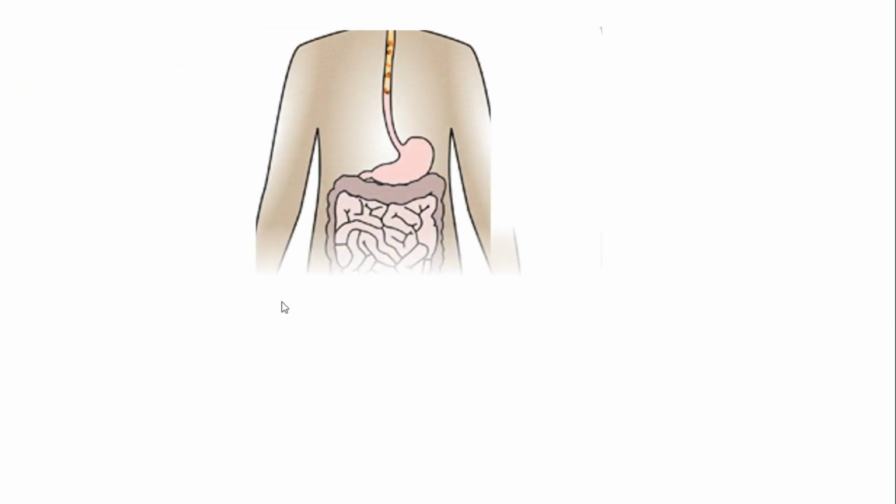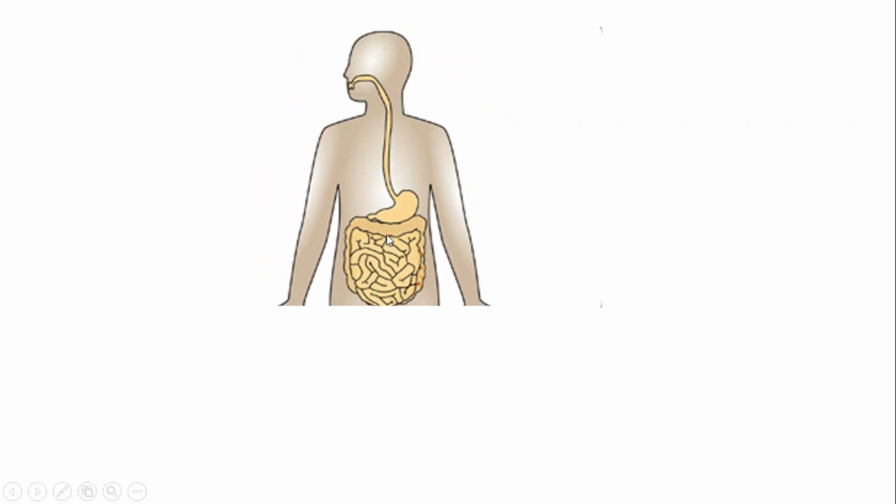Friends, normally whenever we eat food, the glucose from the food comes down from the esophagus to the stomach and then to the intestine. When glucose touches the walls of the intestine, it starts producing hormones named incretins. There are two types of incretins produced by the intestine.